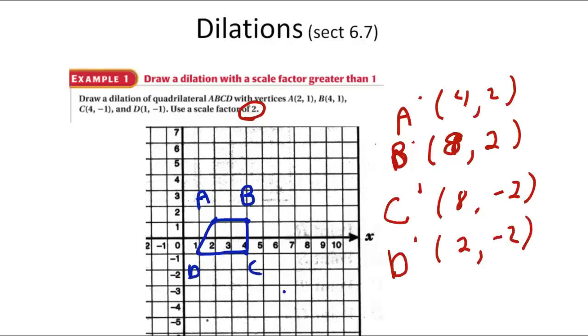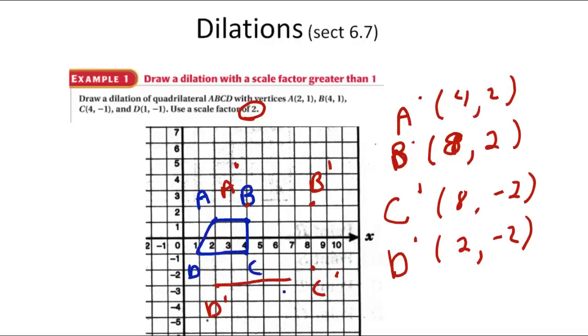Now I plot those points. So A moved to (0, 4), 2. Hmm, so there's my new A value. B moved to 8, 2. So there's my new B value. C went to 8, negative 2. There's my new C value. And D went to 2, negative 2. There's my new D value.